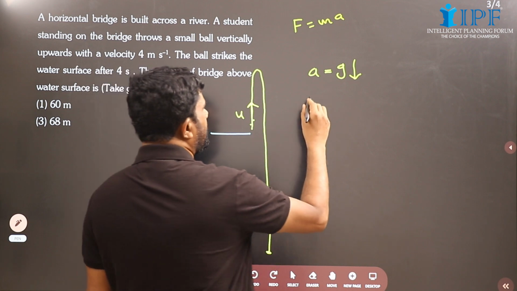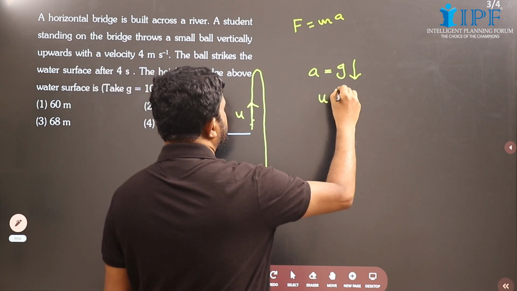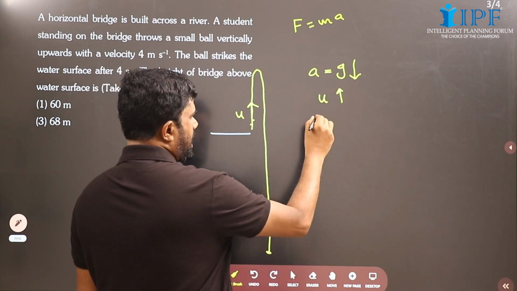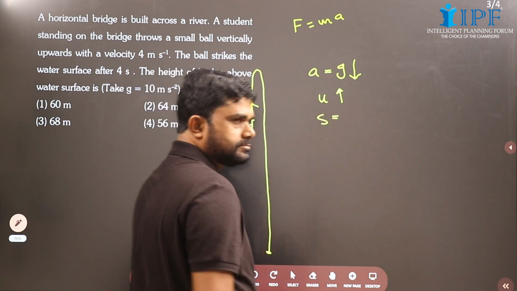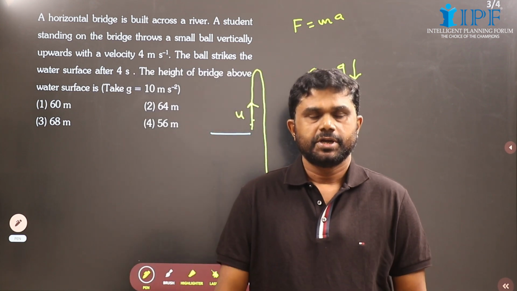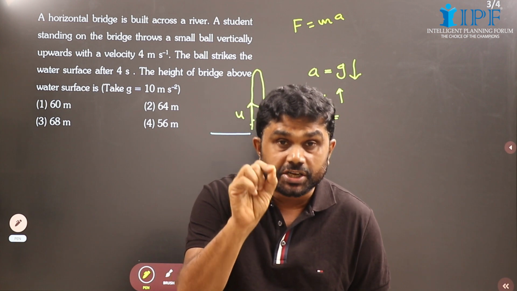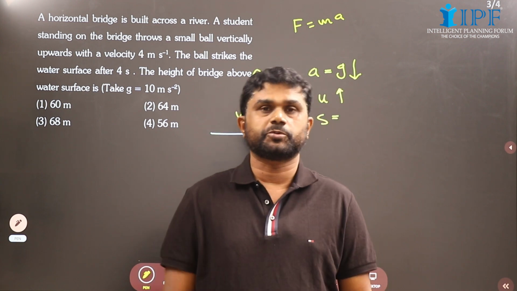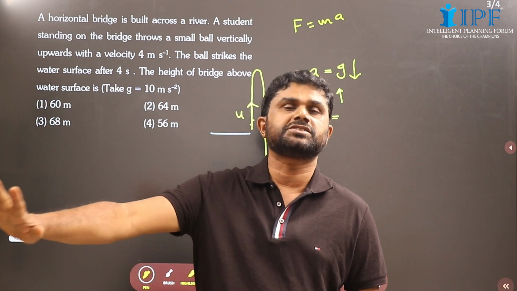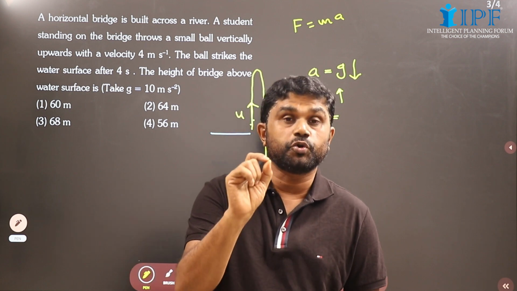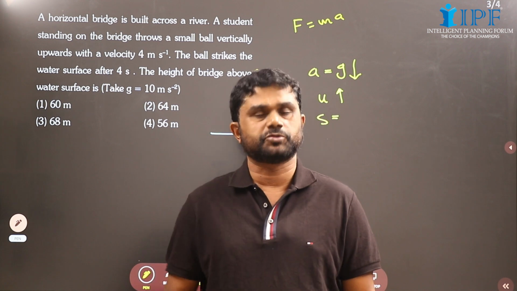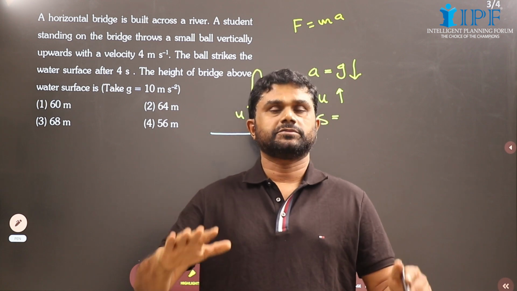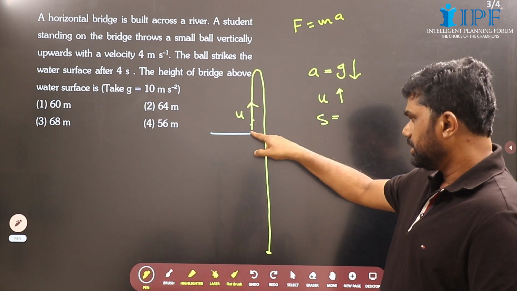Now, the initial velocity in this case is directed vertically up. And displacement s. What is displacement? Displacement is the shortest possible path from the initial to the final position. You need not consider the path followed by the body. From where has the body started its motion? From here.